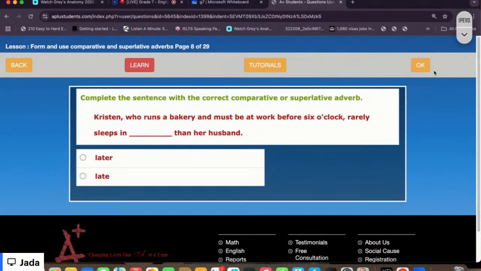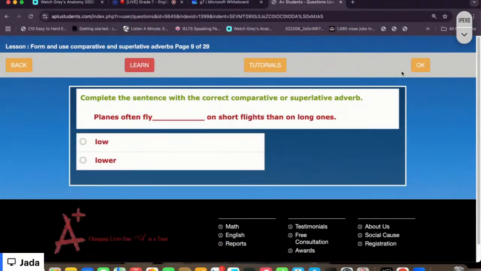So sleeps in later or late than her husband. Rarely sleeps in later than her husband.